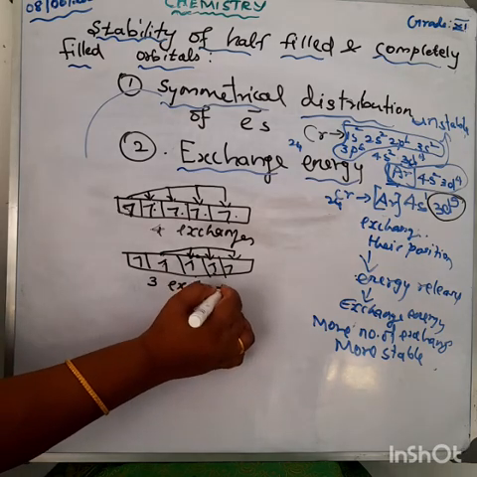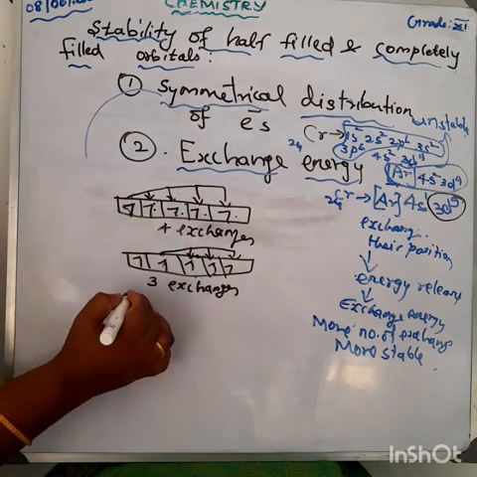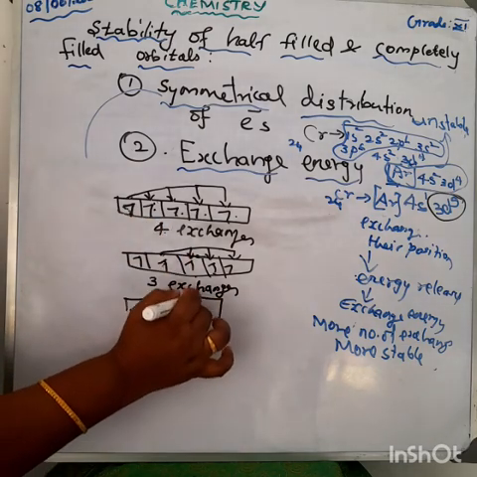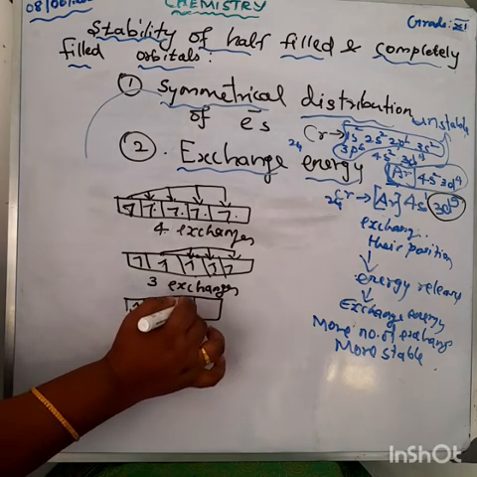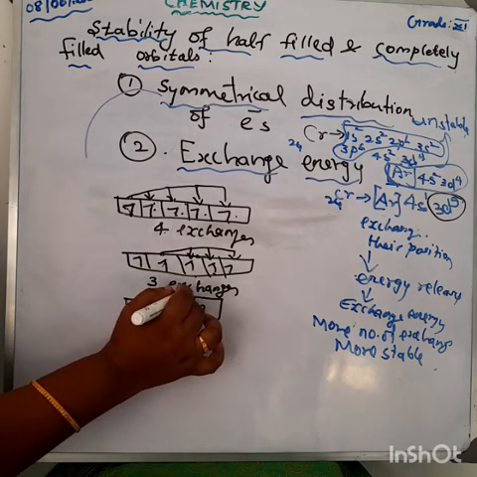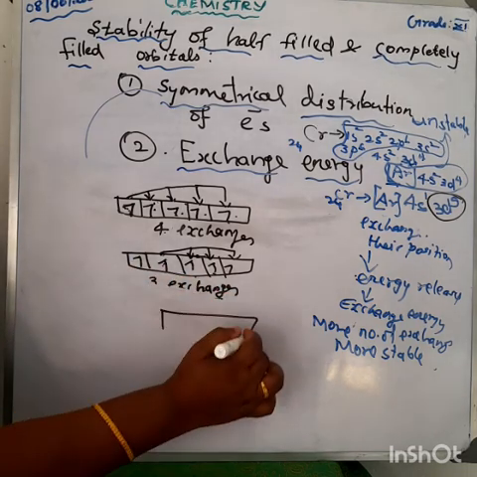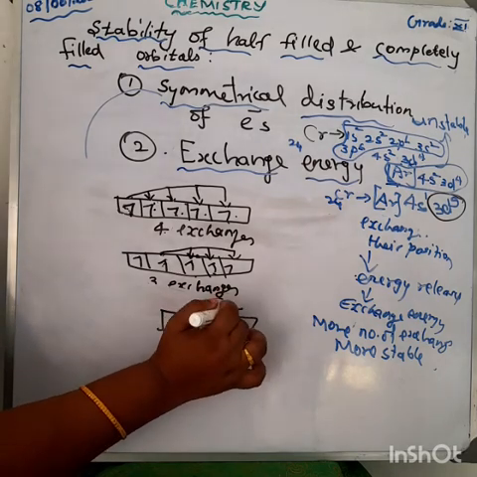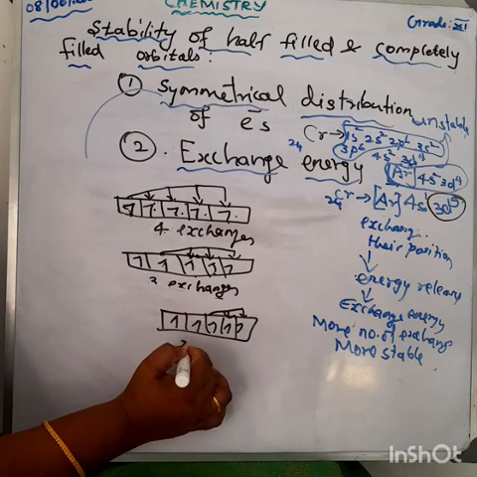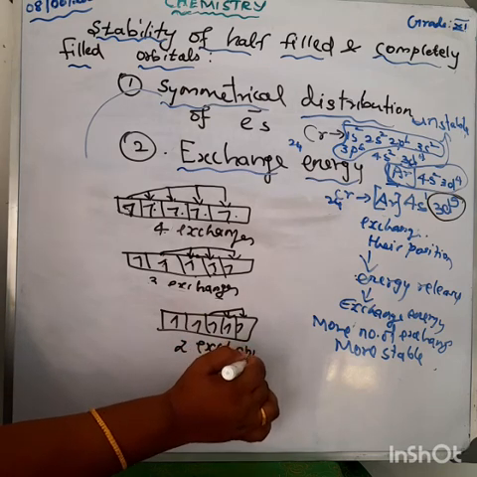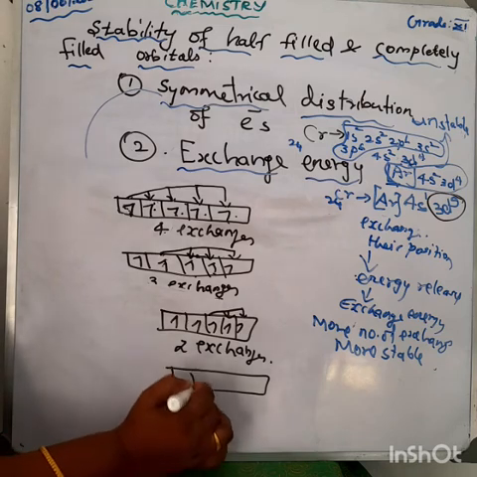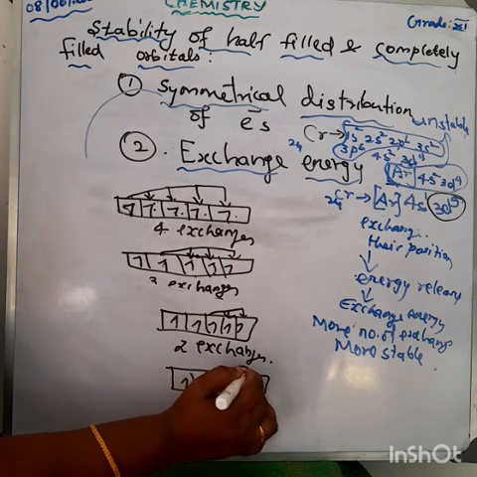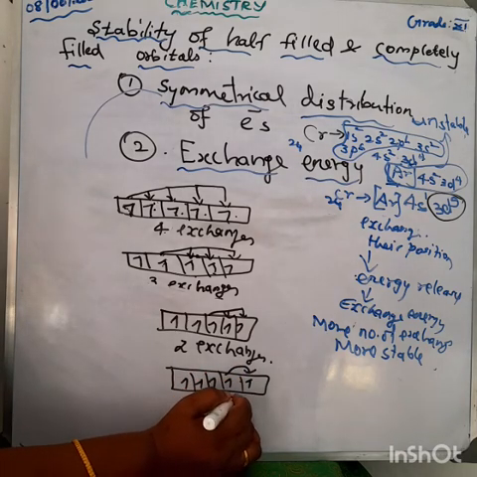Understood? Suppose I take this half-filled d orbital and consider the next electron. It can exchange its position with here or here: 2 exchanges possible. And if I consider the next electron, it can exchange its position with here, so this electron can come here: 1 exchange.